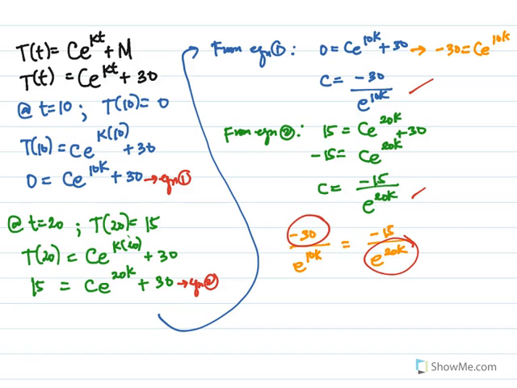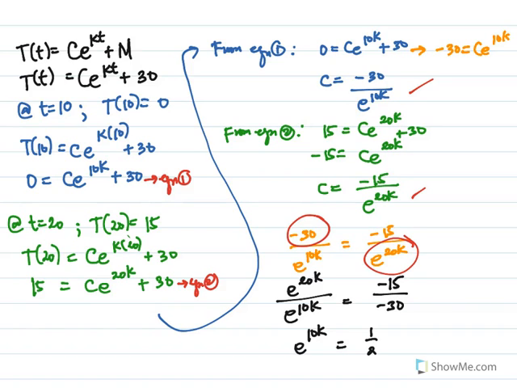So magkakaroon tayo ng e to the 20K over e to the 10K is equal to negative 15 over negative 30. e to the 20K over e to the 10K is just e to the 10K. Minus lang exponents. Is equal to negative 15 over negative 30, which is positive 1/2.